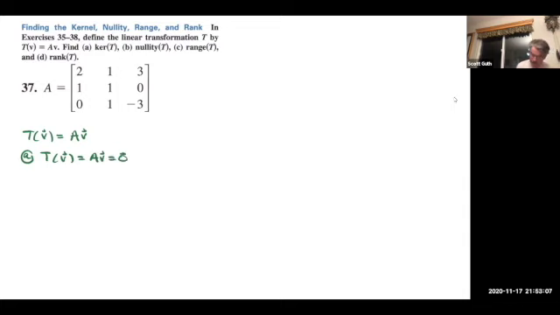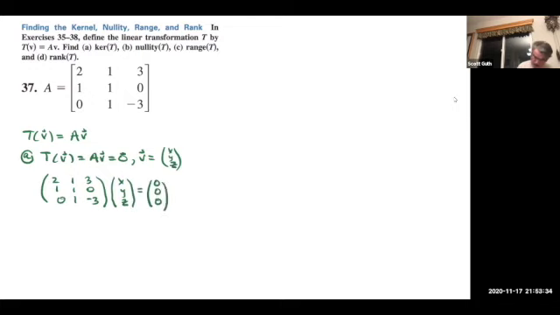So my v is going to be like an xyz vector. And so if I do A times that, I'll have 2, 1, 3, 1, 1, 0, 0, 1, negative 3 times xyz equals all zeros, like that.